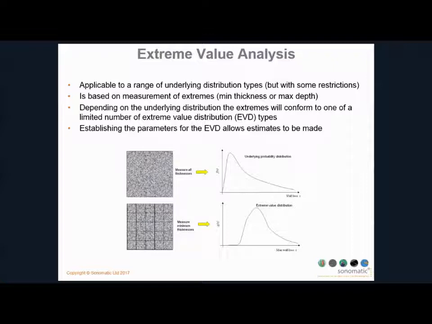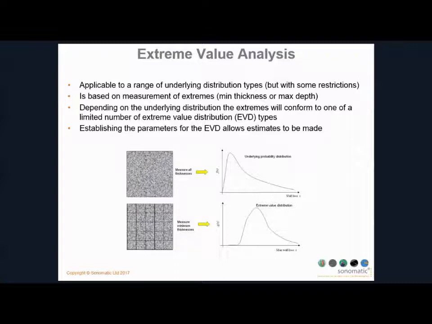So depending on the underlying distribution, those extremes will conform to one of a limited number of extreme value distribution types. And if you can establish the parameters for the extreme value distribution, you can then make estimates because you've got a full statistical description of the behavior of minimum thickness or maximum depth, for example.